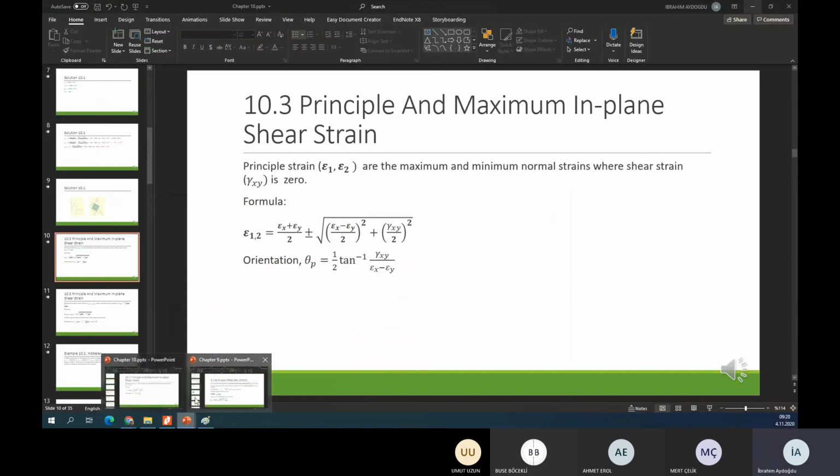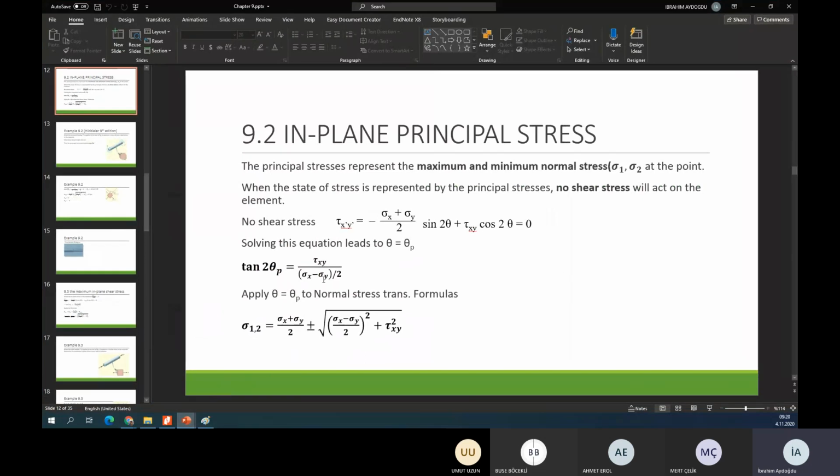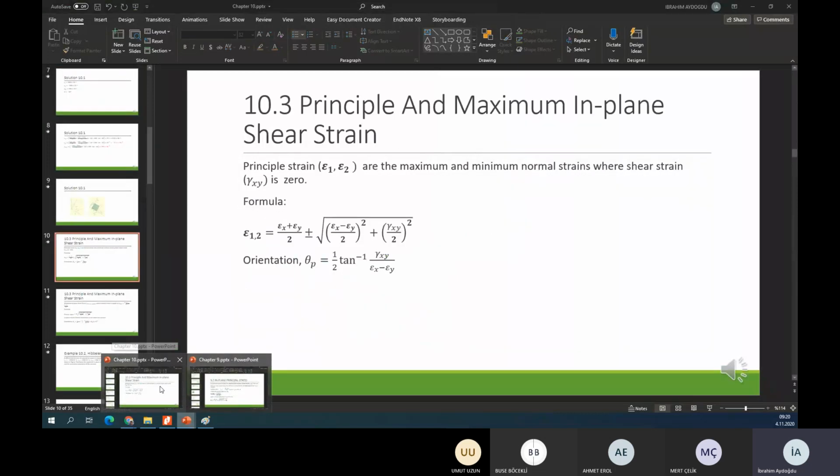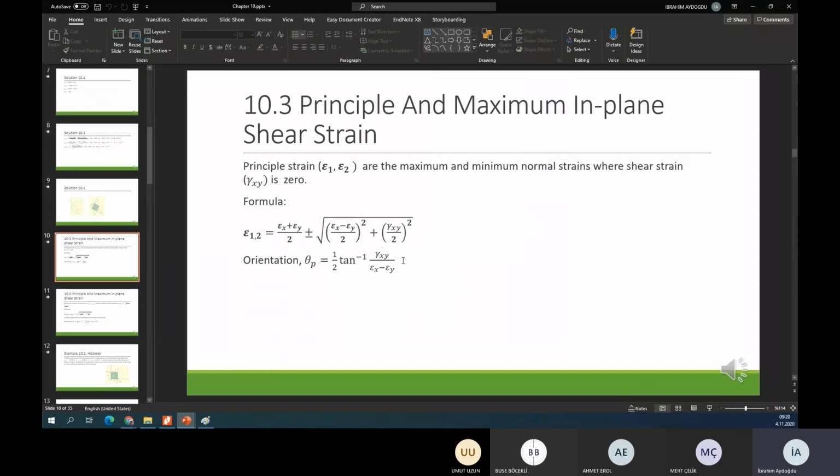Since we are using the divided by 2, the divided by 2 disappears, and we just write gamma xy divided by epsilon x minus epsilon y for the principal strain transformation formulation. So everything is the same.